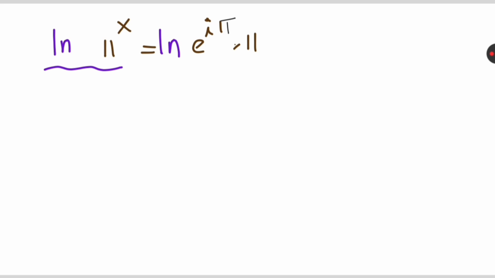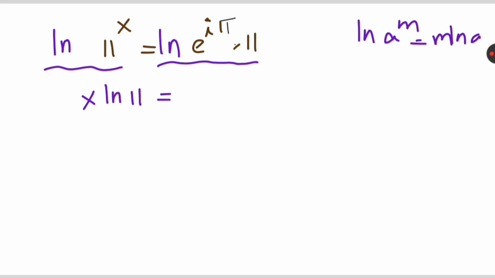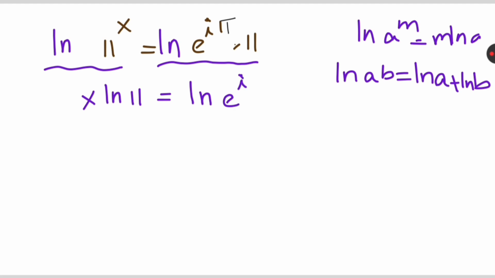Now it is in the form of ln of a raised to the power of m. We can write this as m times ln a. So we can write this as x times ln 11, that is equal to, in the right hand side, it is in the form of ln ab. It is a product form. We can write this as ln a plus ln b. We can write this as ln of e raised to the power of i pi plus ln 11.